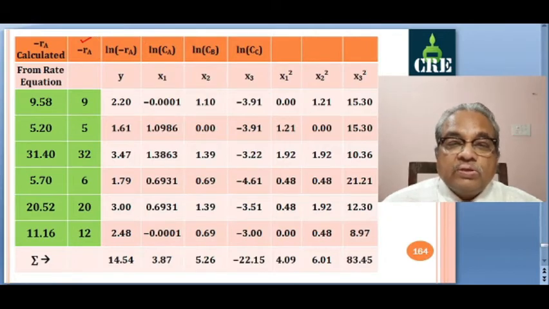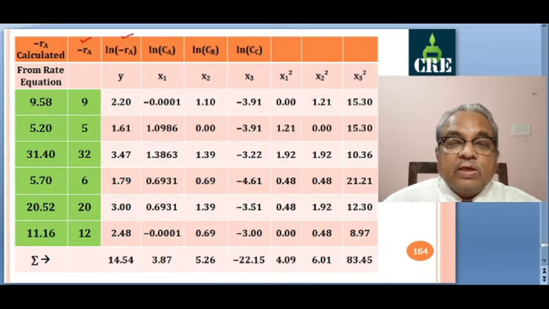When we suspect that C is acting as a catalyst, we can write that equation as A plus B plus C giving you AB, and we are considering the kinetics of some order, a with respect to A, b with respect to B, c with respect to C.